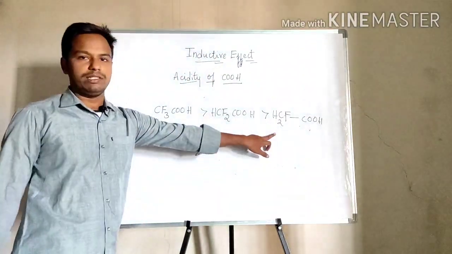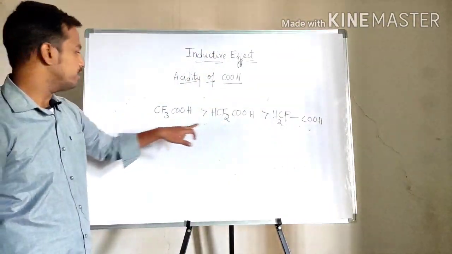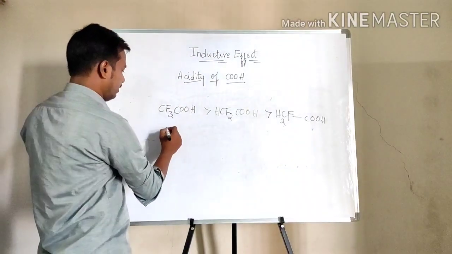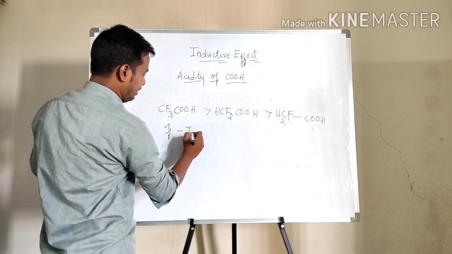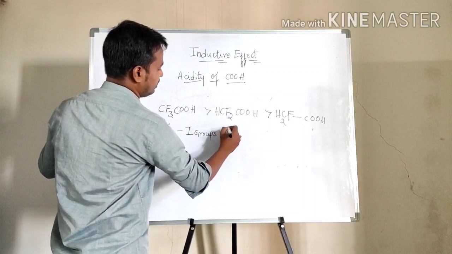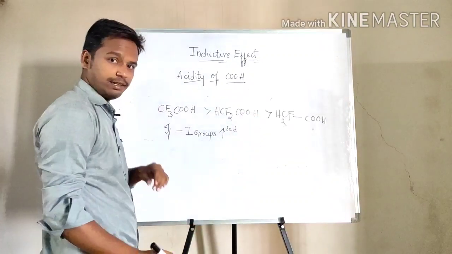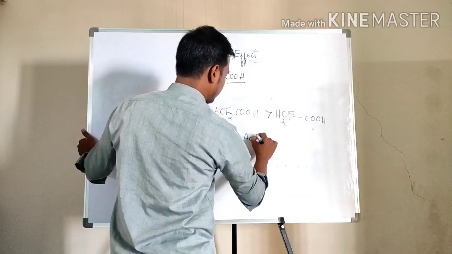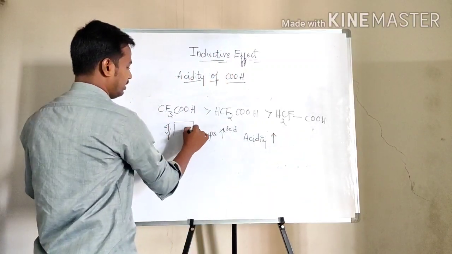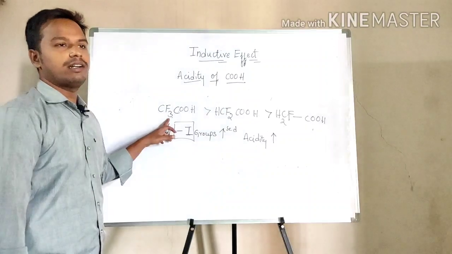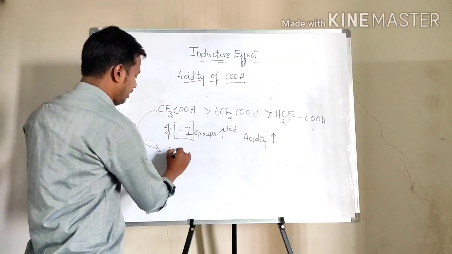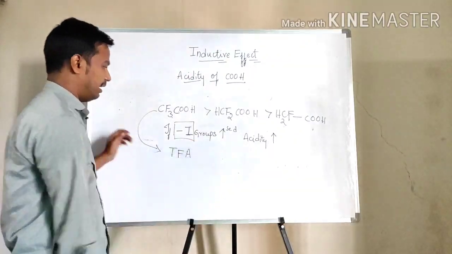It is monofluoroacetic acid, difluoroacetic acid, trifluoroacetic acid. Finally we can say if minus I groups are increased, acidity is increased, thereby trifluoroacetic acid. We can call this trifluoroacetic acid as TFA.